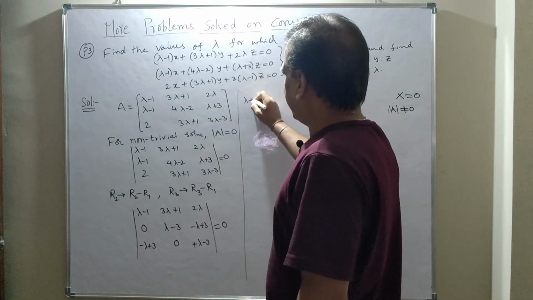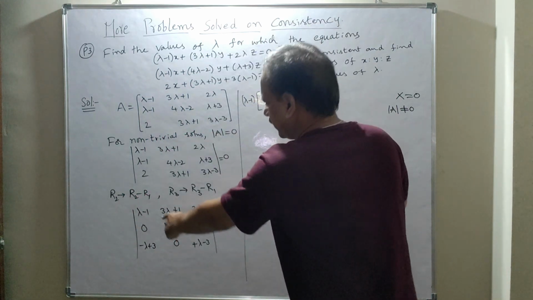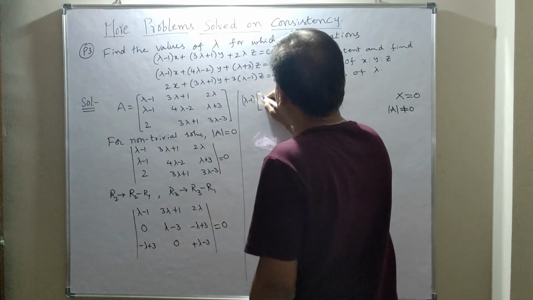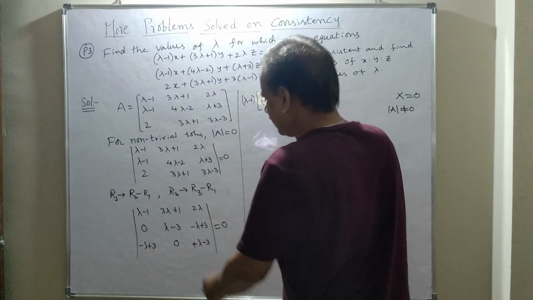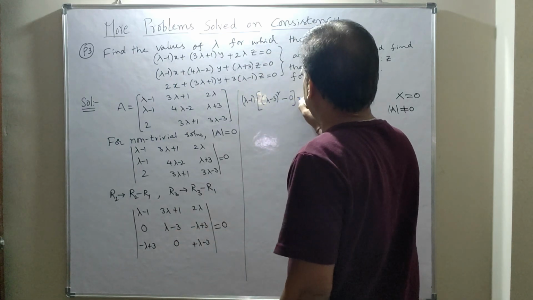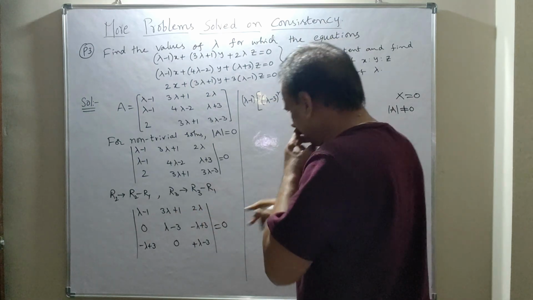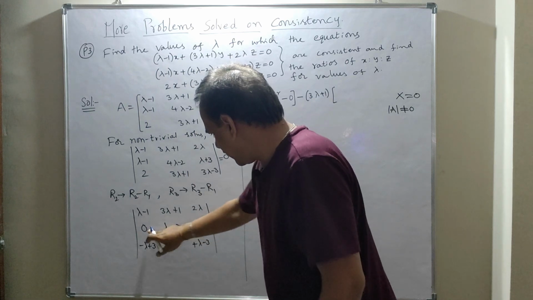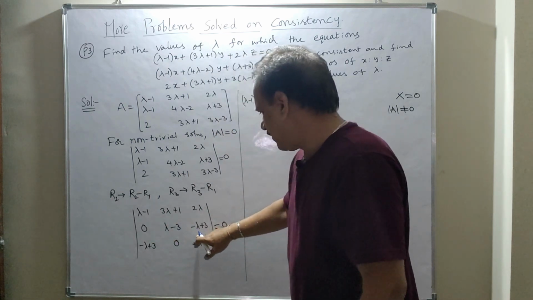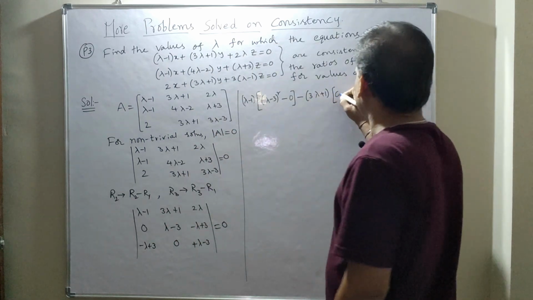So now I find the determinant. It is lambda minus 1 into lambda minus 3 into lambda minus 3 whole square minus 0 into this 0, minus 3 lambda plus 1 into, leaving this row and column, 0 minus of 3 minus lambda whole square.